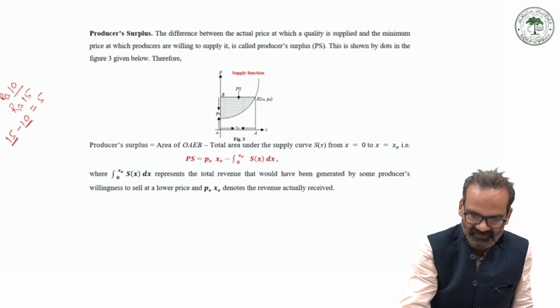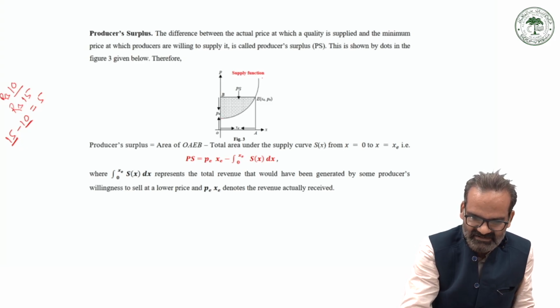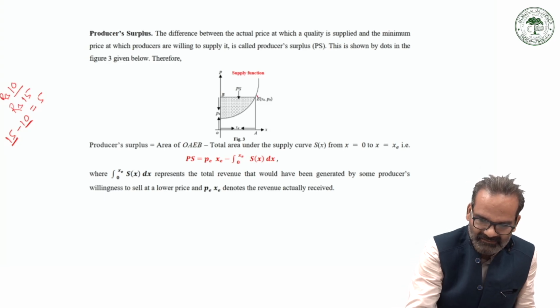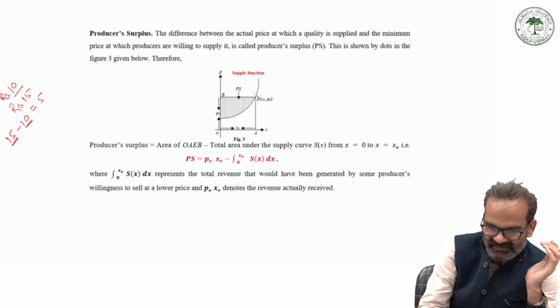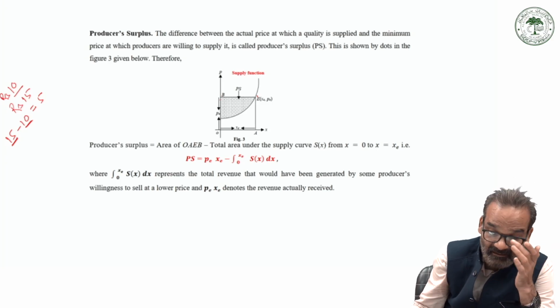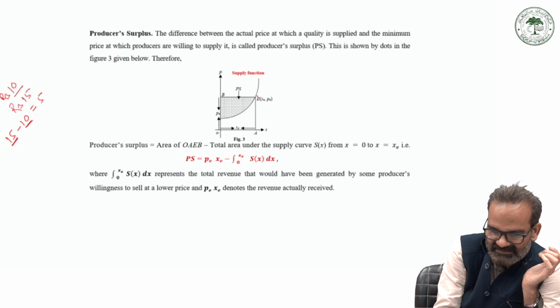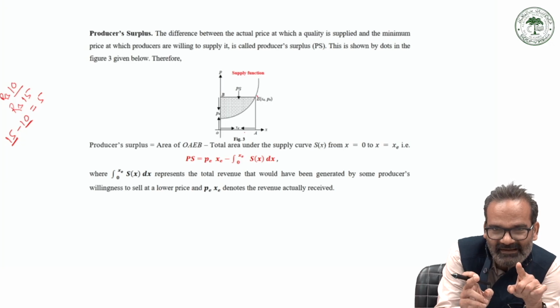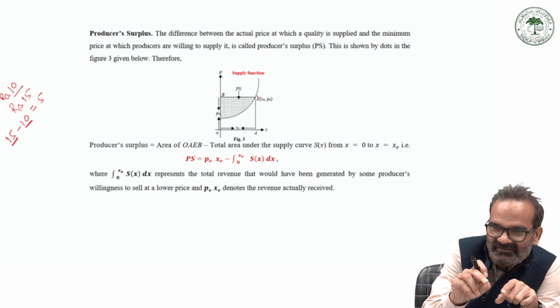Look at this graph. This is your supply function, right? And this is the point E, the equilibrium point. Draw a perpendicular from here on A, and a perpendicular on the y-axis, so P, this is B. So this is a rectangle. The price of the commodity OA is PE, which is fixed by the market.